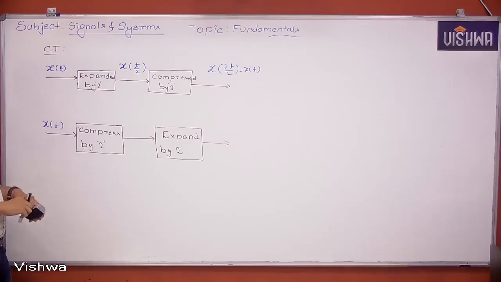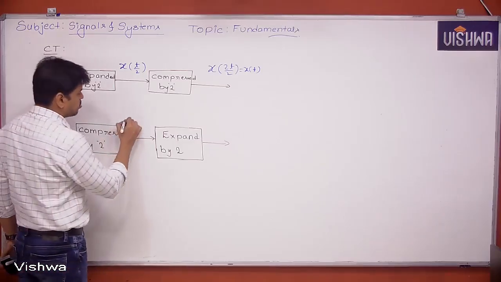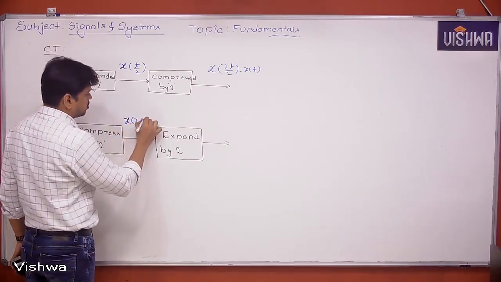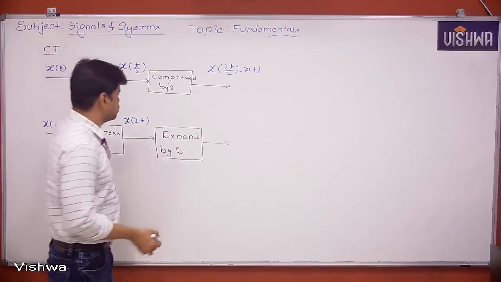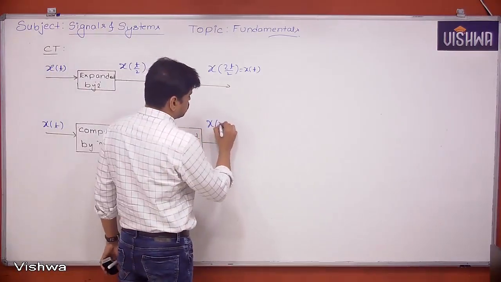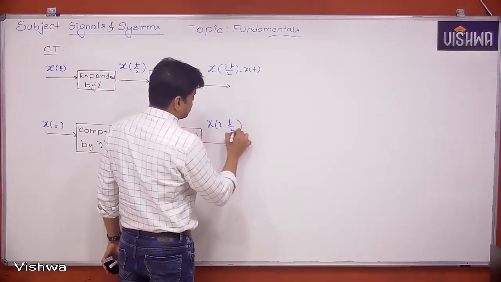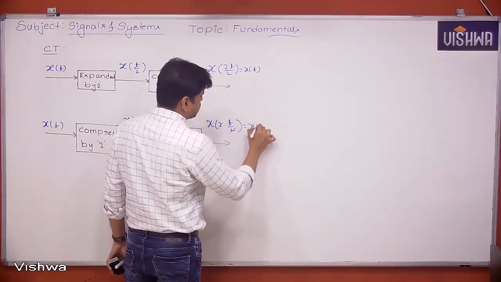Let's see. If it is compressed, t is replaced with 2t, x of 2t. Expanded means t has to be replaced with t by 2. Then x of 2 into t by 2. Again the 2 gets cancelled. Finally x of t.